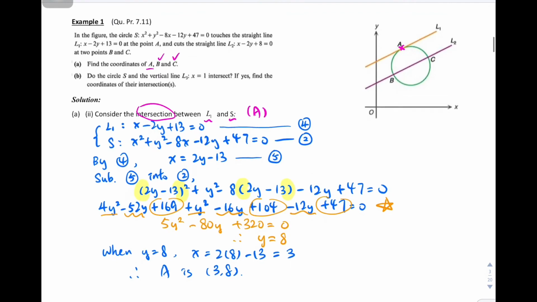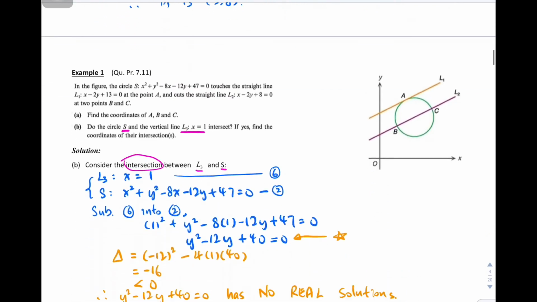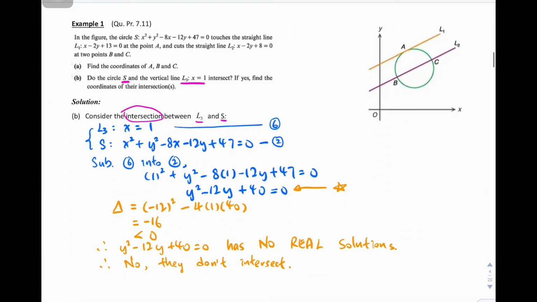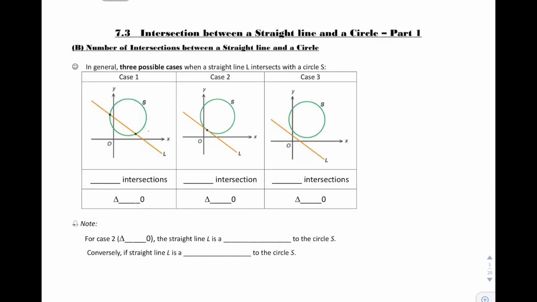And then for case 2, when we consider the straight line L1 and the circle S, we have 1 intersecting point. And finally, when we consider the straight line L3 and the circle S, here we have no intersecting points. That means 0 intersecting points.